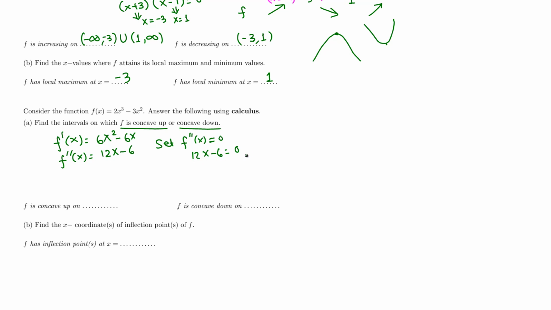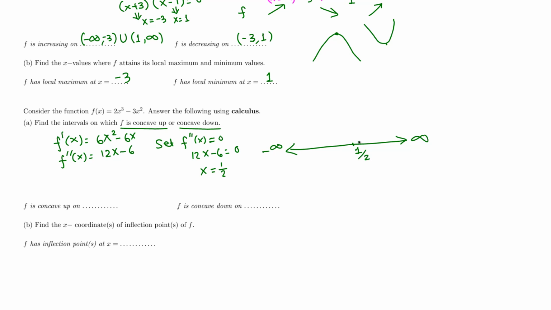Add 6 to both sides, divide by 12, so 1/2. So this is the candidate for inflection point, just the x value of inflection point. Now for the function, this is a polynomial, so the domain is all real numbers, and 1/2 somewhere here.